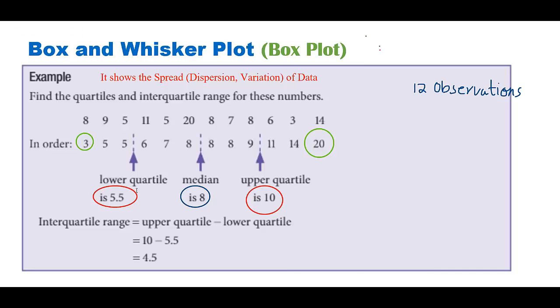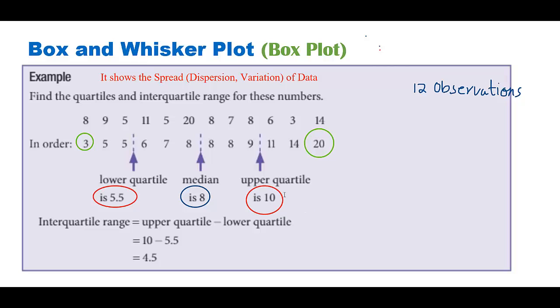So let's start. Take this first line: 0, 1, 2, 3. Draw a small line here. This is the mark of the minimum value. The first quartile is 5.5. It's 4, 5, and 5.5 will be over here.